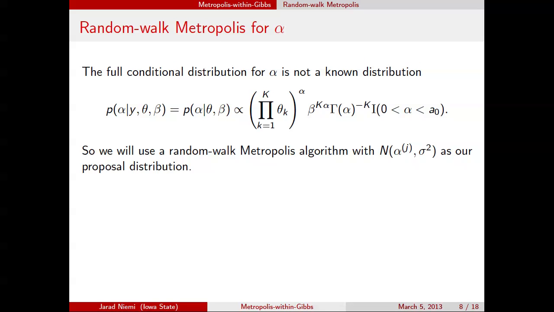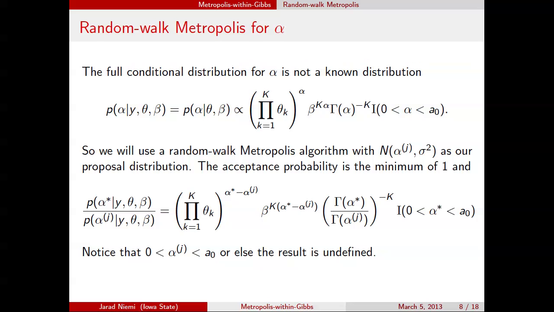It only involves thetas. So this is our target distribution in our random walk Metropolis. Here's our proposal, where we're going to center on the current value and get some random jitter around that value. And what we need to do then for random walk Metropolis is to derive the acceptance probability.